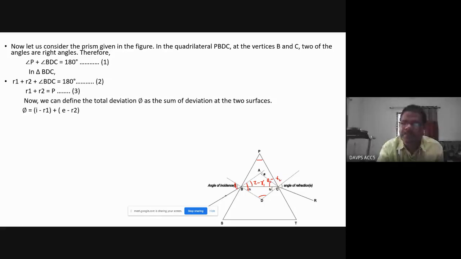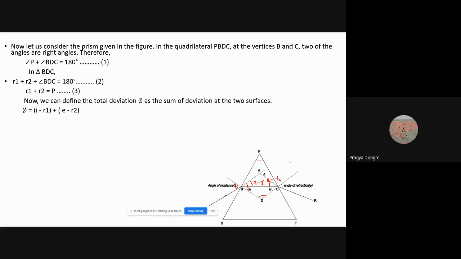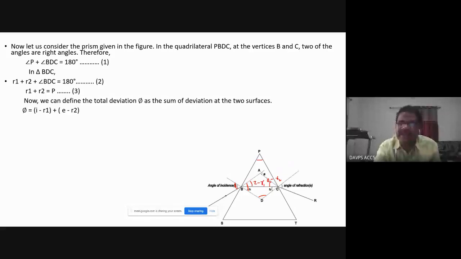This angle equals I minus R1, this angle equals E minus R2, and this angle is the outer angle, phi. So the outer angle equals the sum of the two inner angles: I minus R1 plus E minus R2. You get it now?